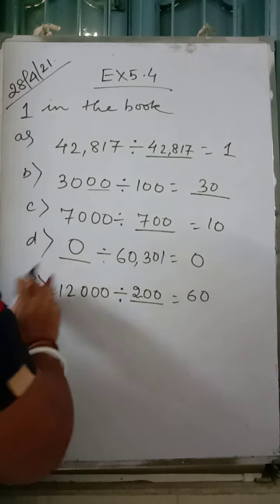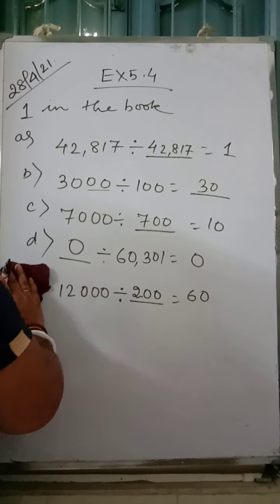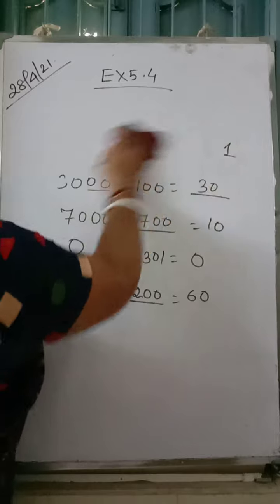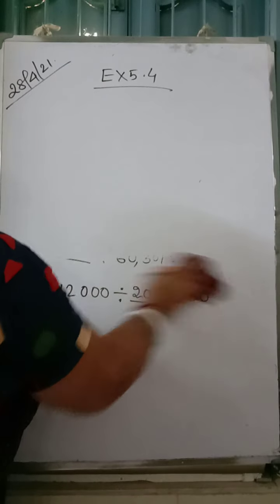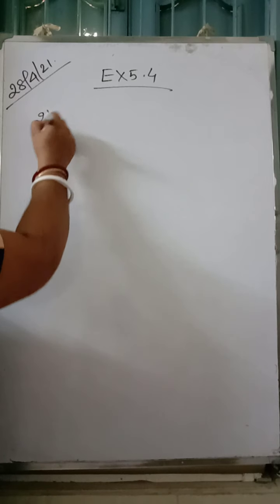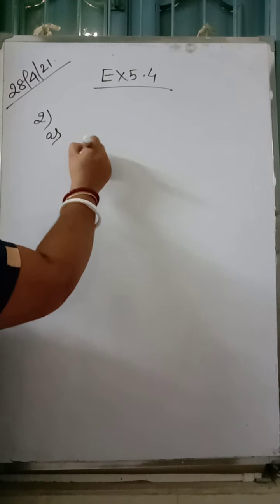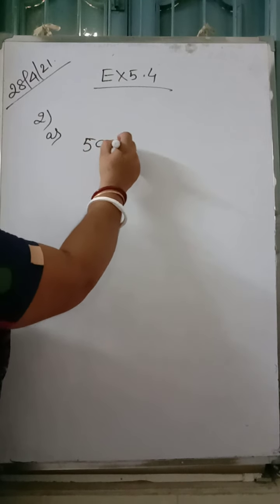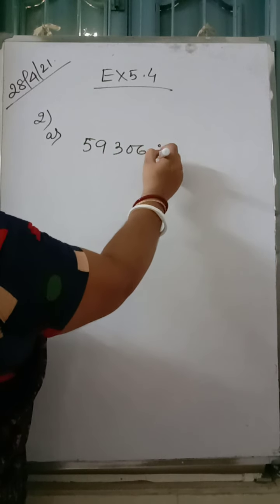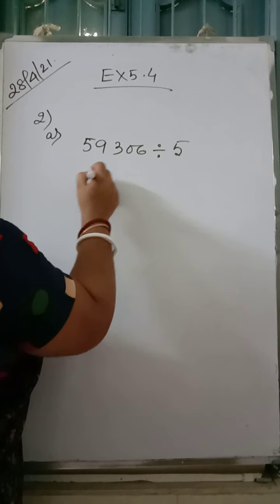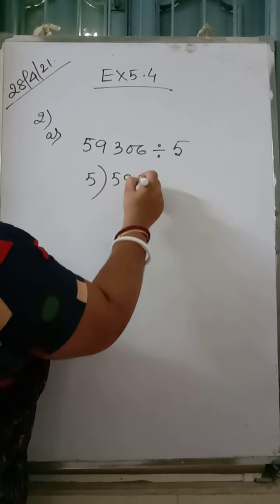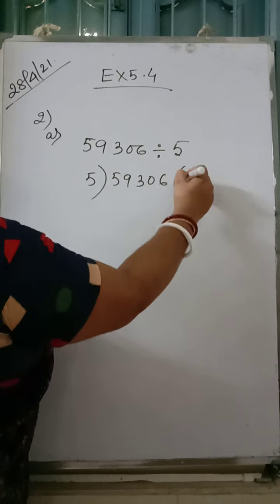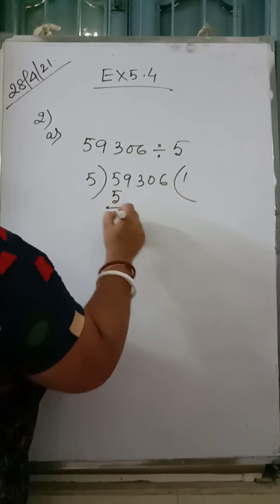This you will write in the copy. Number 2, you have to write it in the copy. Okay. Question number 2 in the copy. How to do it? Just see. 59,306 divided by 5. So 5 ones are 5.